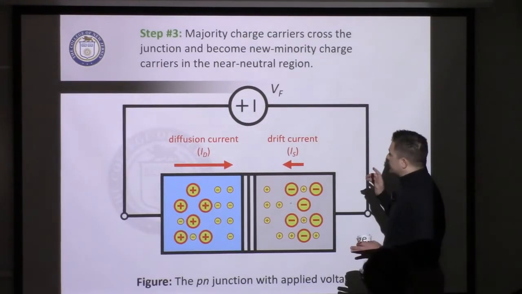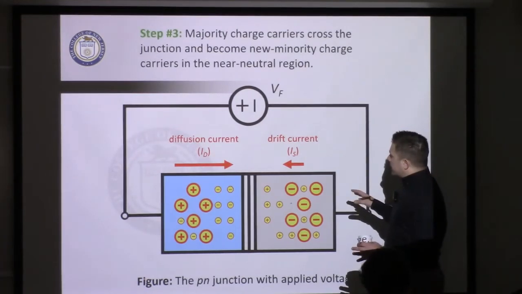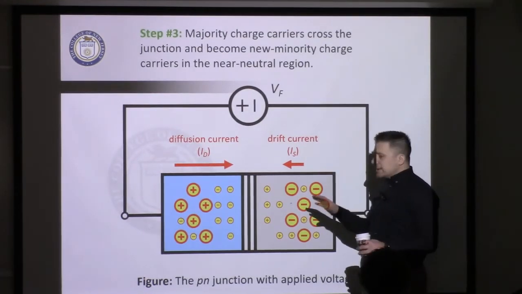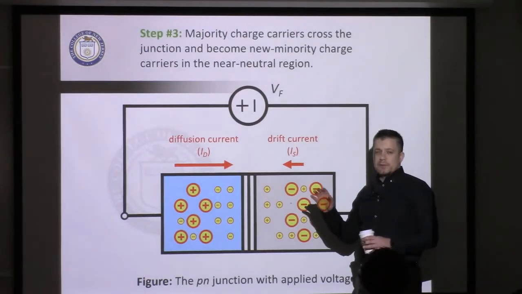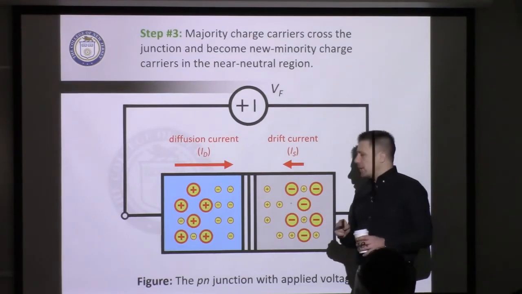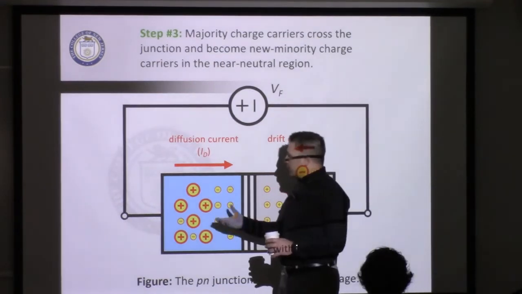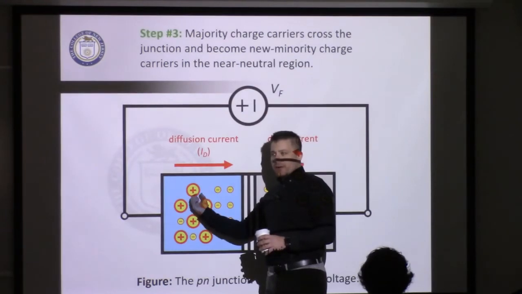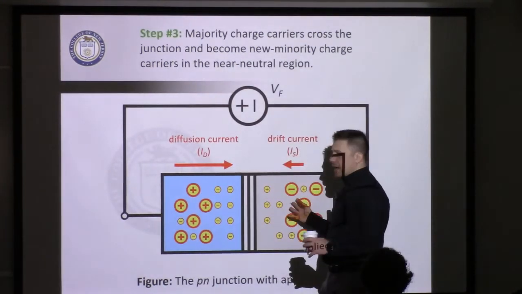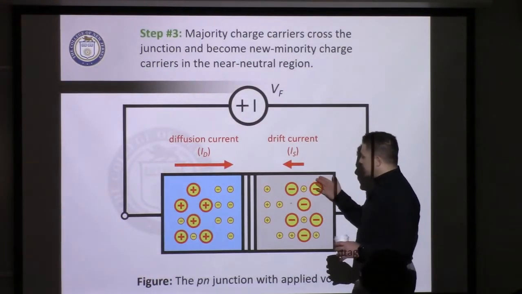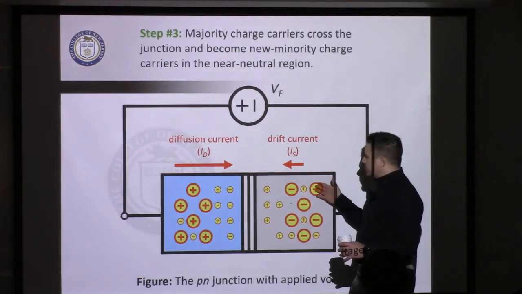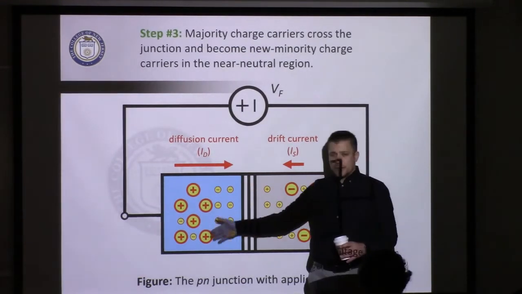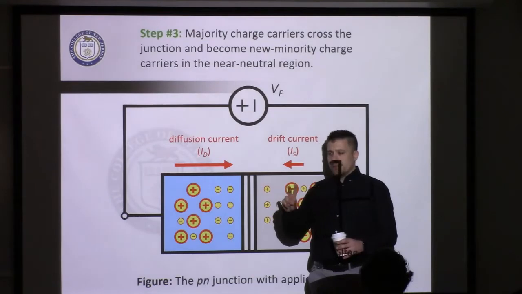Now what we're going to see is that there are really 4 different types of diffusion happening all at once. You have the diffusion force of the majority charge carriers trying to push them to the other side. You have the diffusion force for these majority charge carriers trying to push them to the other side, right? That's 2.